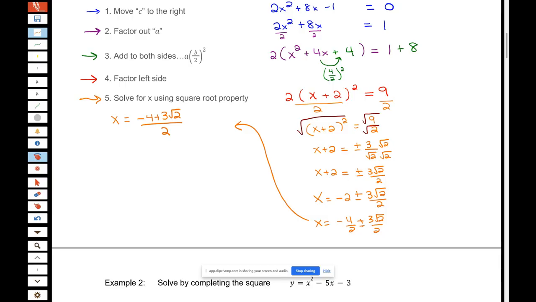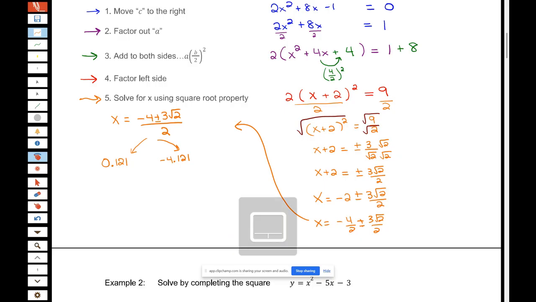Negative 4 plus 3 root 2, and then I divide it by 2, I get 0.121 as one of the x-intercepts. And I'm doing plus or minus 3 root 2. So negative 4 minus 3 root 2 divided by 2 gives me negative 4.121 as the other x-intercept.